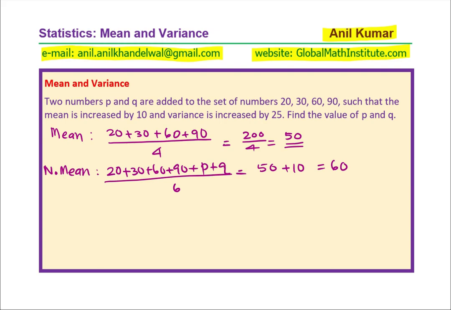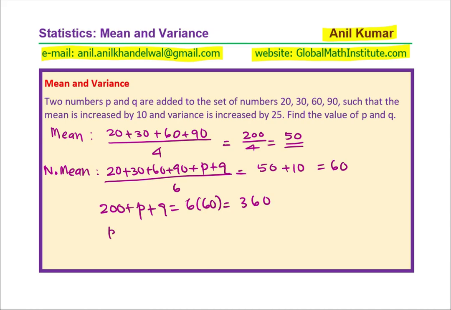So now we can find what is P plus Q equals to, right? So we have 200 plus P plus Q equals 6 times 60, which is 360.